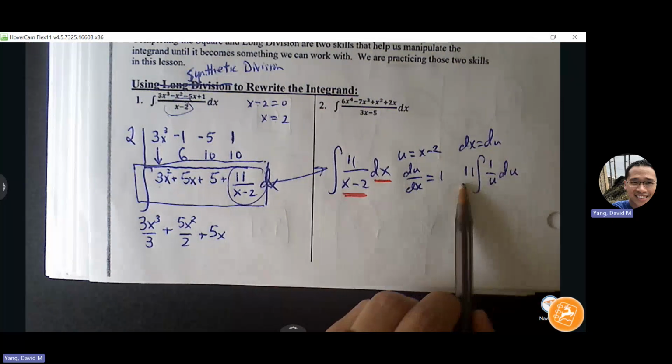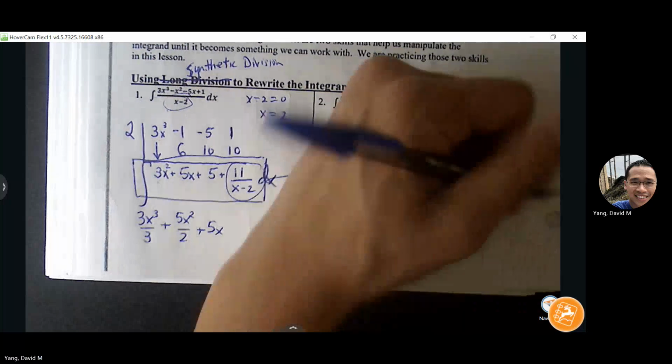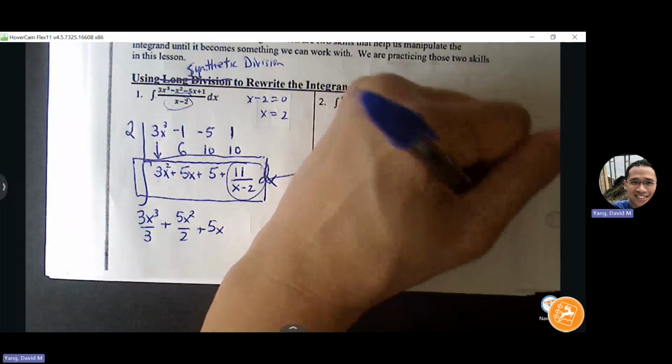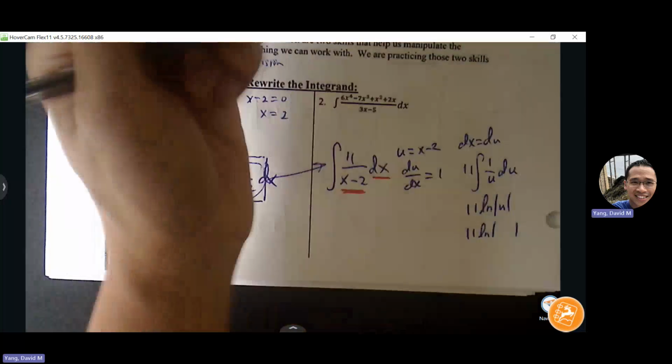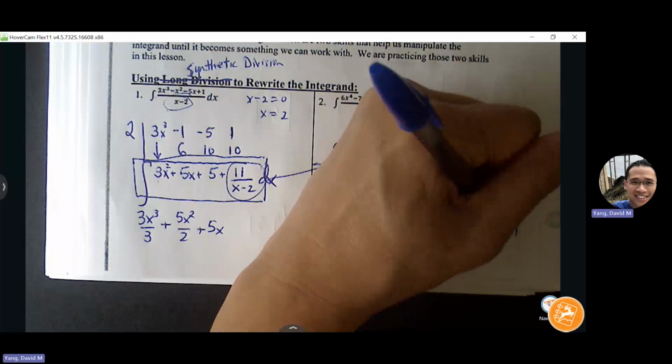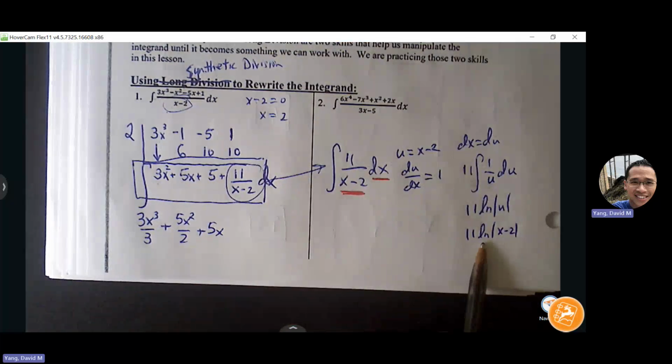One over u du, the 11 comes out as a coefficient. The integral of 1 over u is 11 natural log of u, and then u gets replaced with absolute value of x minus 2.